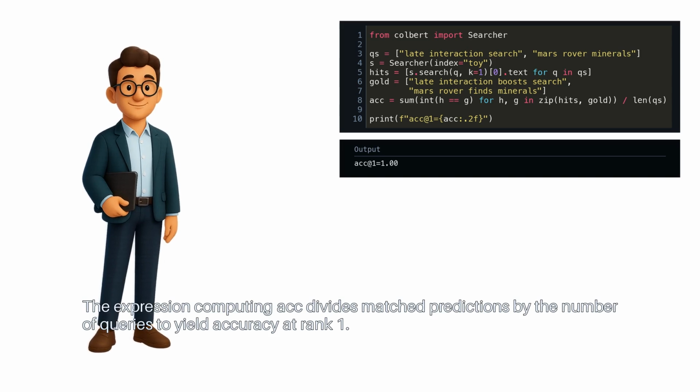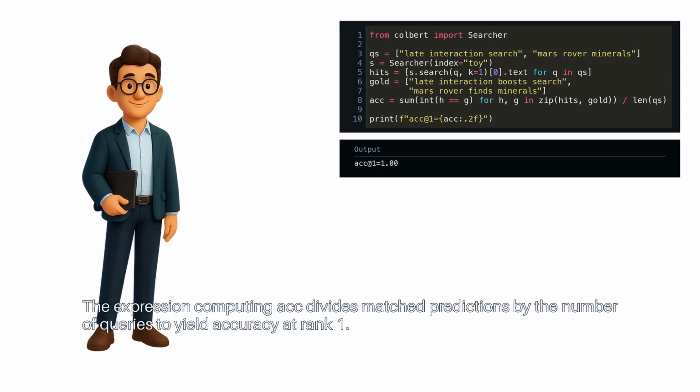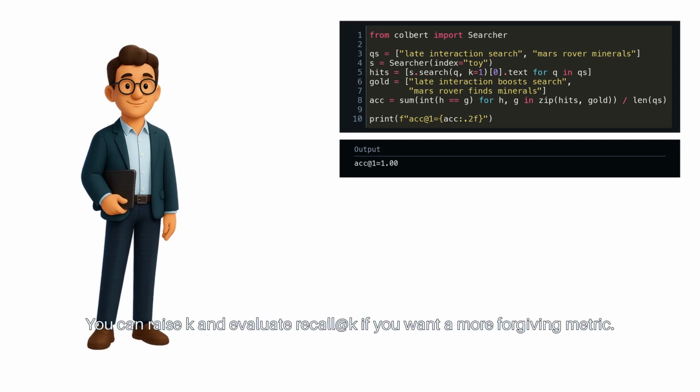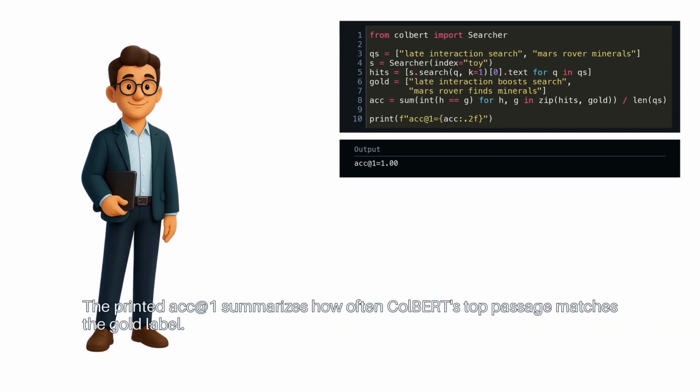The expression computing ACC divides matched predictions by the number of queries to yield accuracy at rank 1. You can raise k and evaluate recall at k if you want a more forgiving metric. The printed ACC1 summarizes how often ColBERT's top passage matches the gold label.